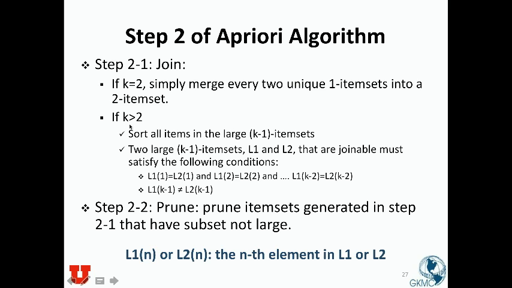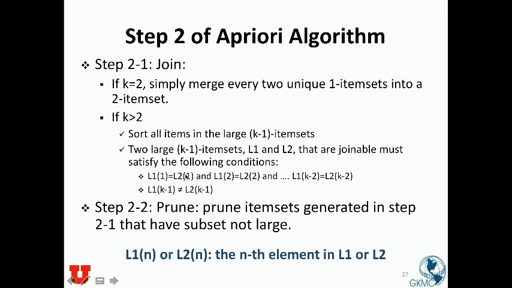By the time you come here, we are trying to create 3 item sets, like k equals 3 or 4. We start out with the large 2 item sets, and we combine two large 2 item sets that have one common element. For efficiency, we avoid duplicating checks: we sort them, identify the identical first element, and combine the last elements that are not identical.